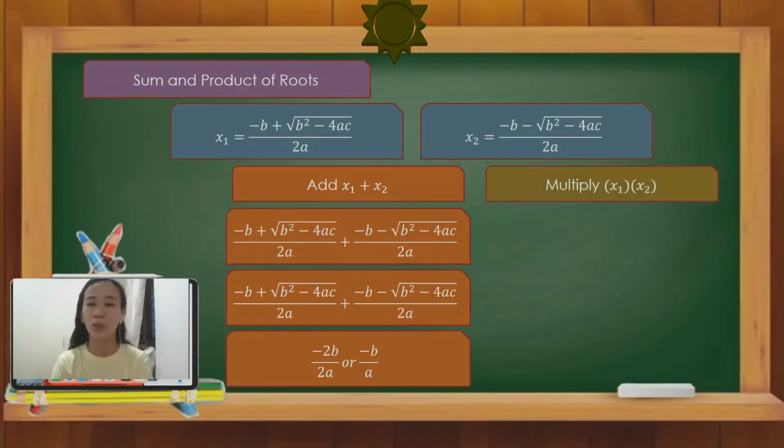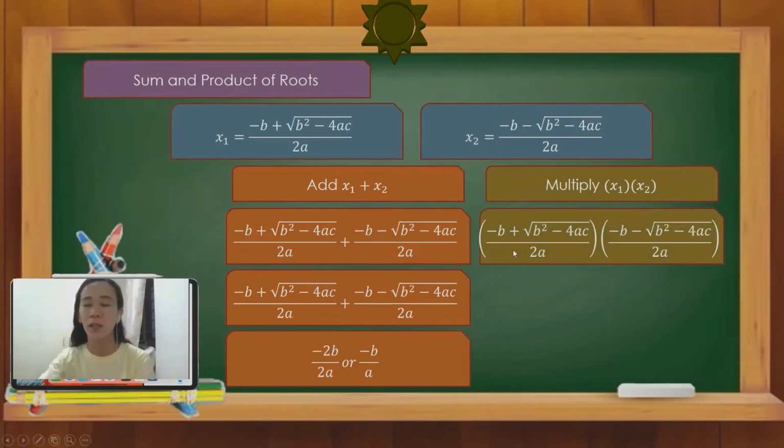How about the product of x sub 1 and x sub 2? All we have to do is to multiply x sub 1 by x sub 2. Now we're going to distribute. Negative b times negative b is b squared. Negative b times negative square root of b squared minus 4ac is equal to b square root of b squared minus 4ac. Next is square root of b squared minus 4ac times negative b.